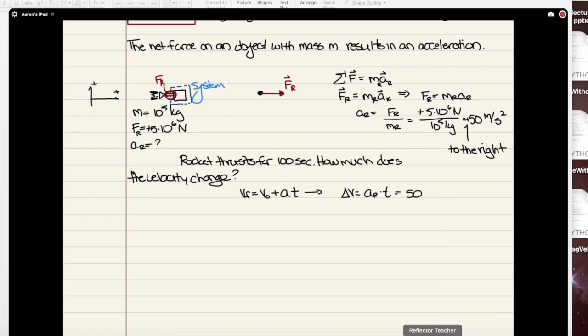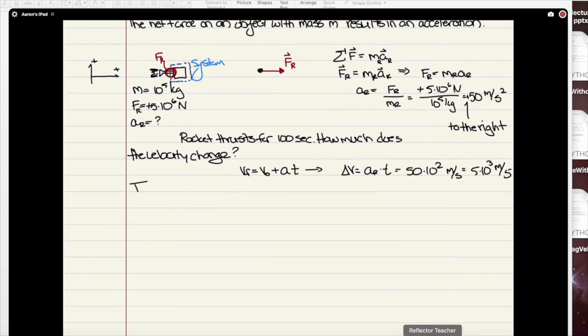So then this is 50 times 10 to the 2 meters per second, or 5 times 10 to the 3 meters per second. Fairly substantial change in velocity, actually. The kinematic equation is applied because the acceleration we solved for ended up being a constant.